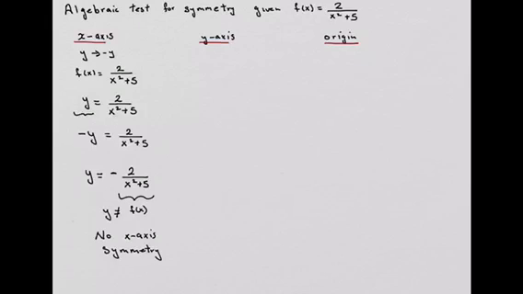We do the same thing for the y-axis, but for y-axis symmetry, x must be replaced with minus x. So once again, f of x is equal to 2 over x squared plus 5, which is the same as y is equal to 2 over x squared plus 5. And now we're replacing x with negative x, so that's 2 over negative x squared plus 5.